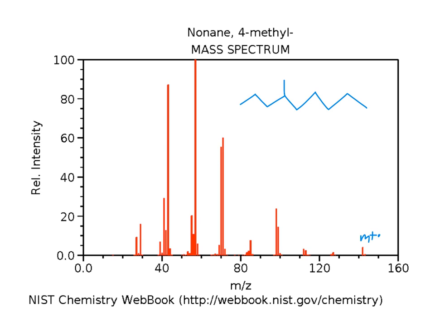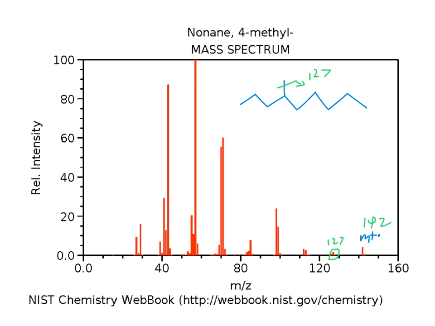So this starts at 142. Maybe I was wrong on that last one. If we lose a methyl, it should lose 15 and go down to 127. And we maybe see a tiny one at 127.